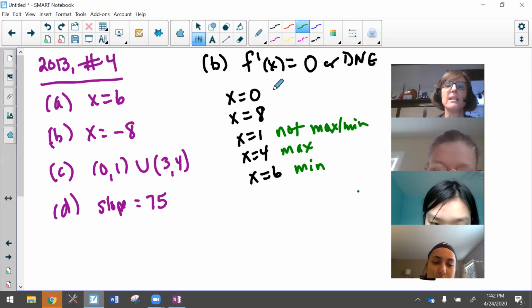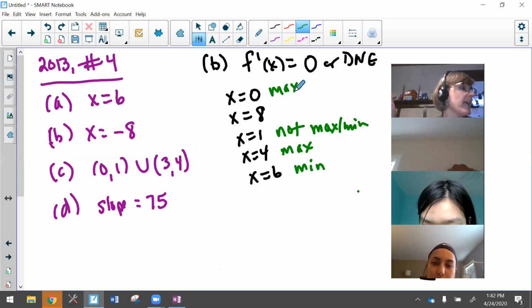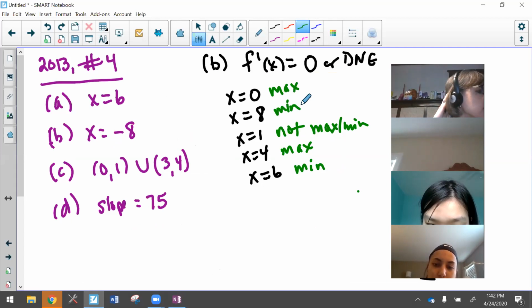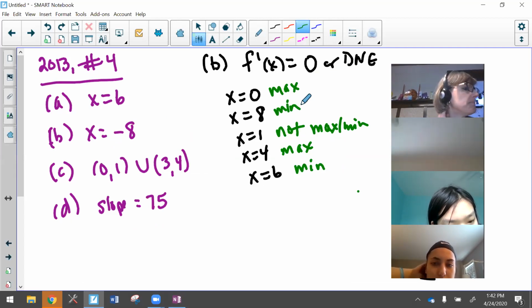Okay, so x equals 0 is going to be a max, and x equals 8 is going to be a min, although I'm actually not sure if I agree with that at the moment. Because I seem to think that x equals 0 is a min. No, I don't. Never mind.